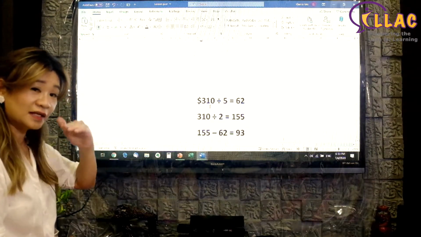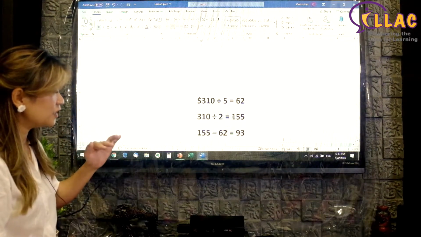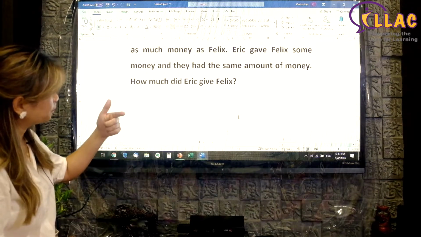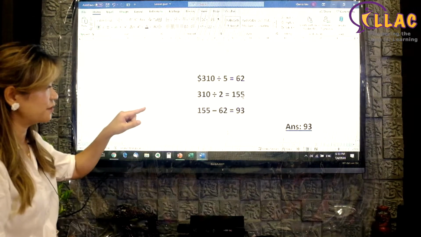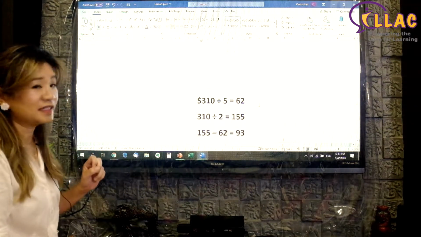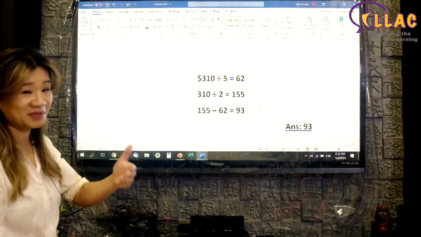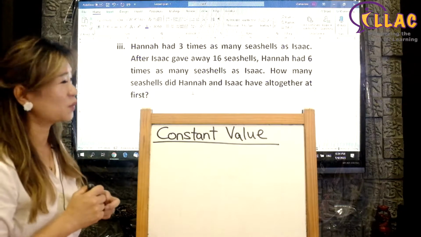Thereafter, they have the same amount, so you divide by 2 over here. After that, you realize Felix actually had more money. Therefore, Felix has 155 minus away 62, and you realize Eric gave Felix $93. Did you get the correct answer? Well done. Let's try the next question.